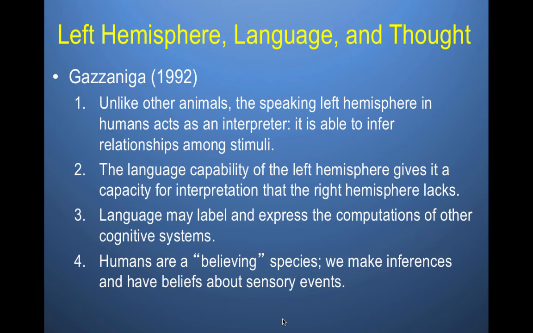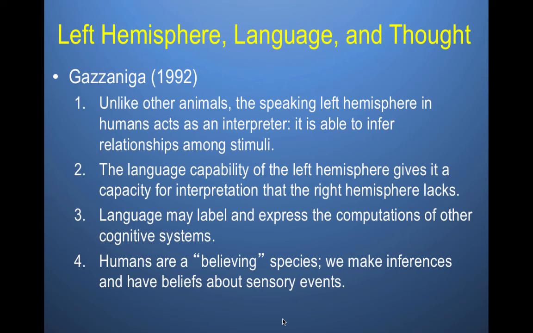Gazzaniga, who you saw in the video, is an expert in the role of the left hemisphere in language and thought. Unlike other animals, the speaking left hemisphere in humans acts as an interpreter. It is able to infer relationships among stimuli.